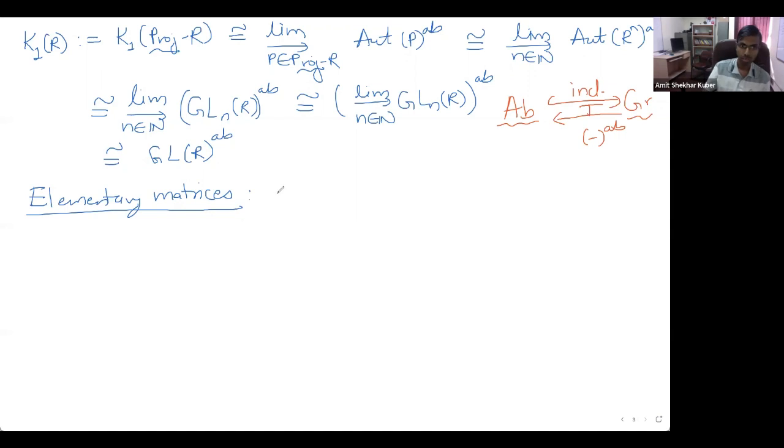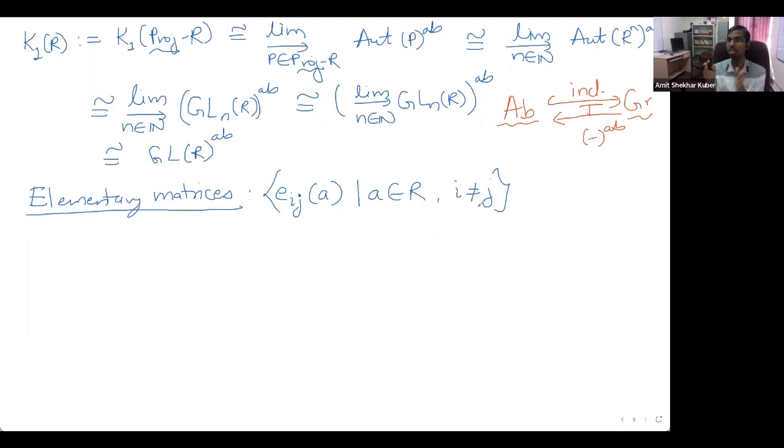So we are going to simply define these e_ij(a) with elements a in R. It is the group which is generated by these, where a is in R and i is not equal to j. Okay. So this is the collection of matrices.